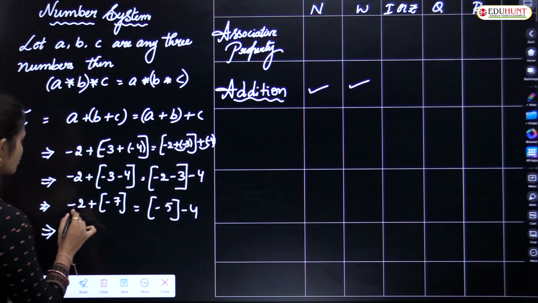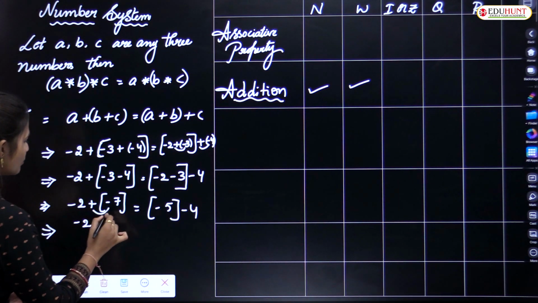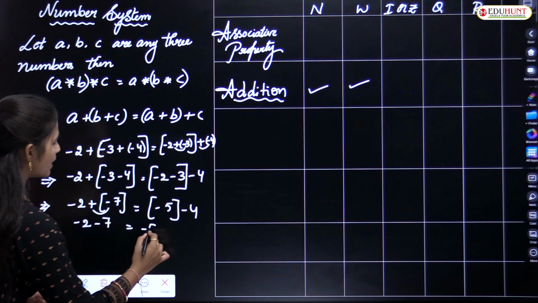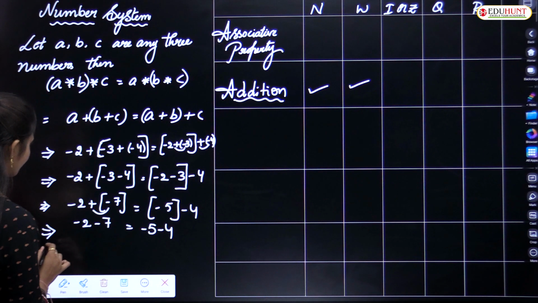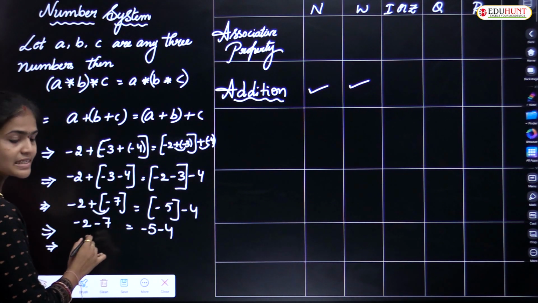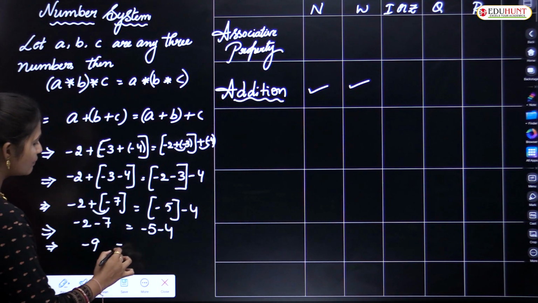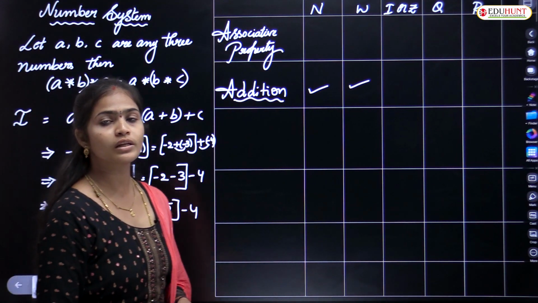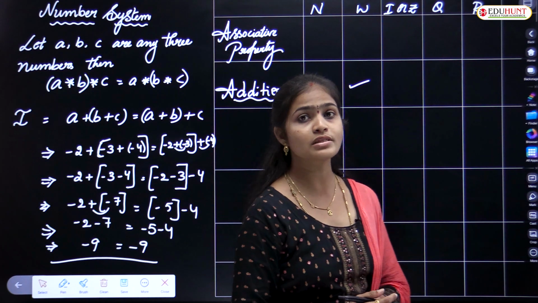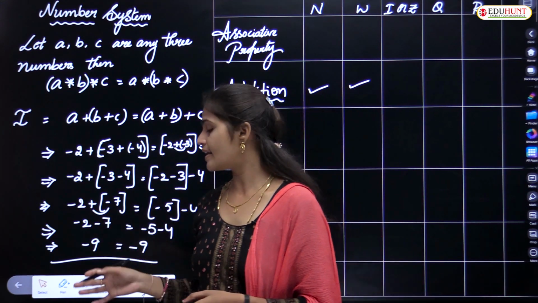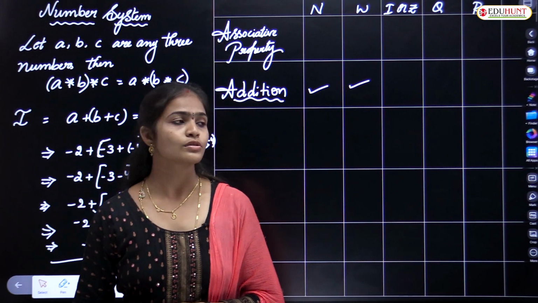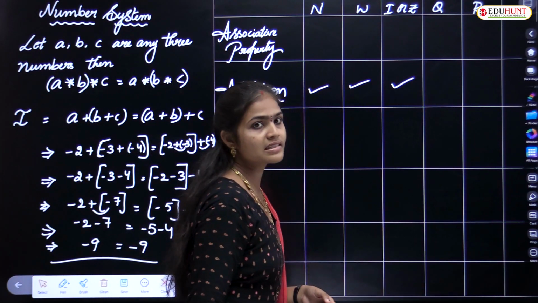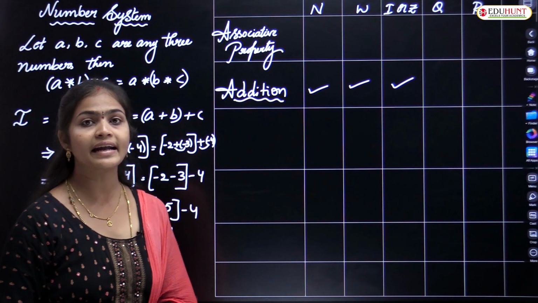So minus 2 plus minus 7 is equal to minus 9, which is equal to minus 5 minus 4 is equal to minus 9. So here also you are getting the same values in both RHS and LHS, no? Yes or no? So that's why in integers also it satisfies. So integers are also associative under addition.